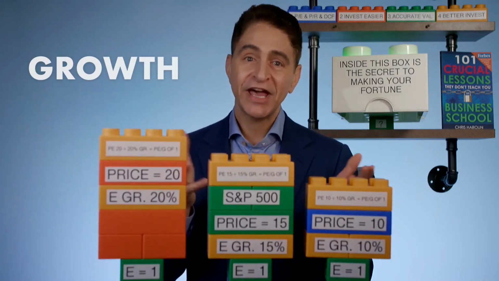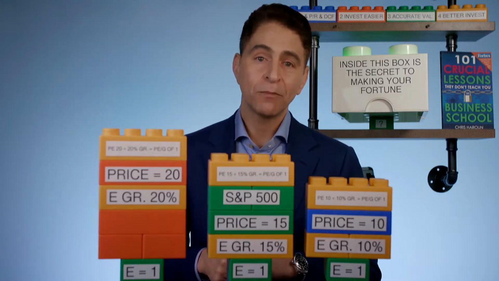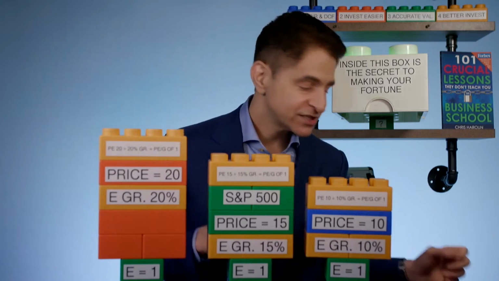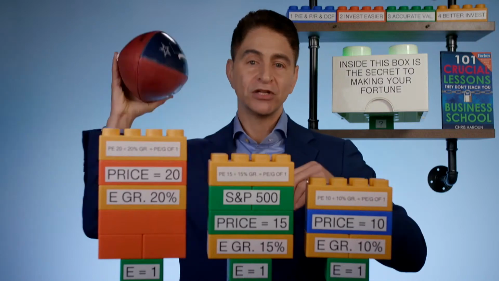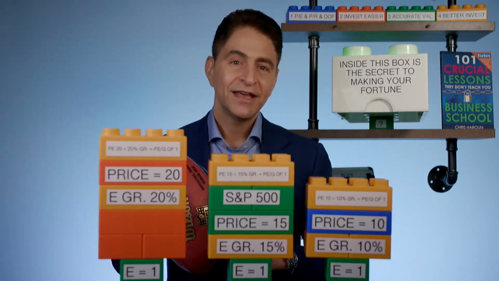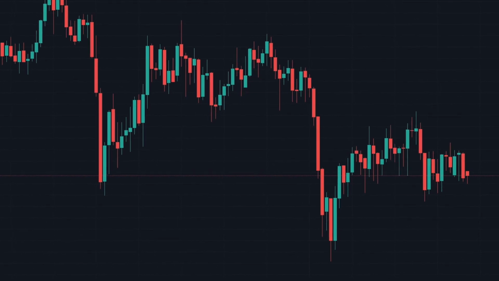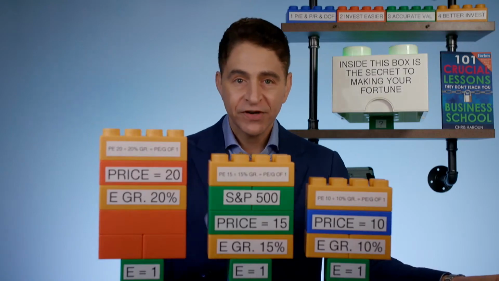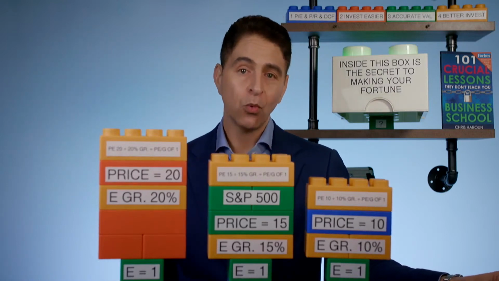And when I used to work in the hedge fund industry, I would buy stocks with a PEG ratio below 1 if I could find them. And buying stocks, by the way, when it comes to hedge funds, it's called going long. And the opposite of going long is going short, meaning you make money when the stock goes down. So I loved buying stocks with a PEG ratio at or below 1.